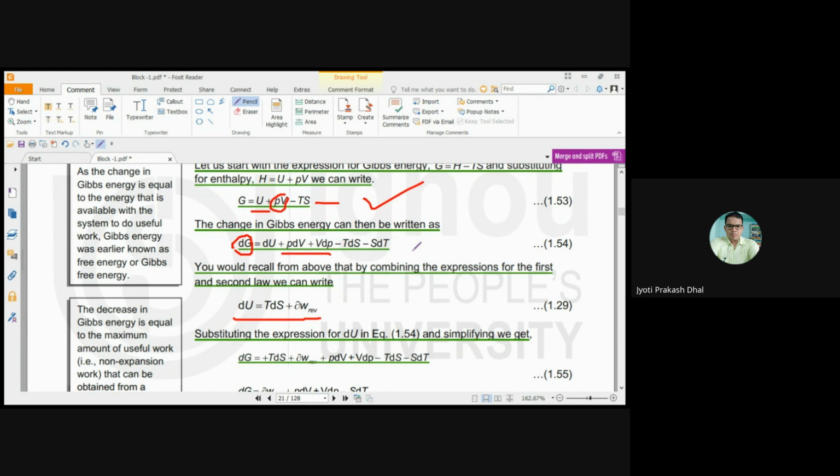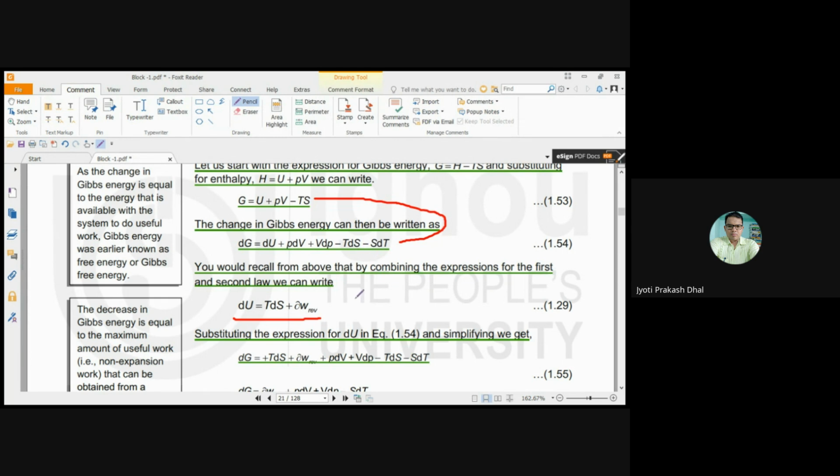So that will become minus TdS minus SdT, and hence the differential form of equation 1.53 will become dG equals dU plus PdV plus VdP minus TdS minus SdT, that is equation 1.54.